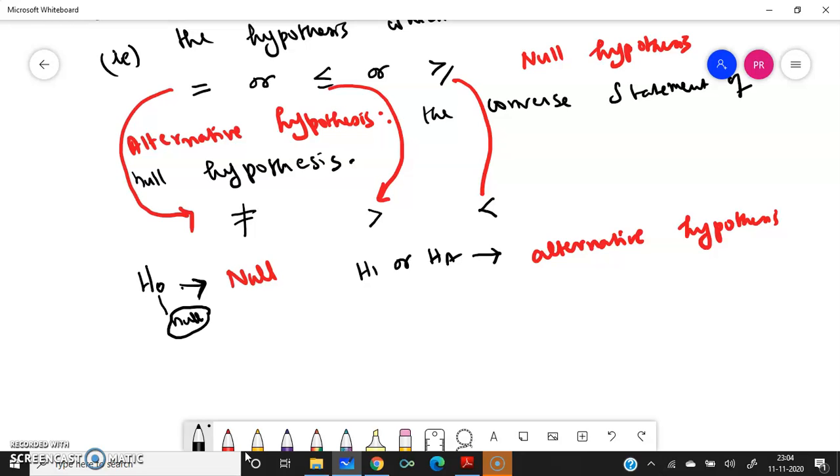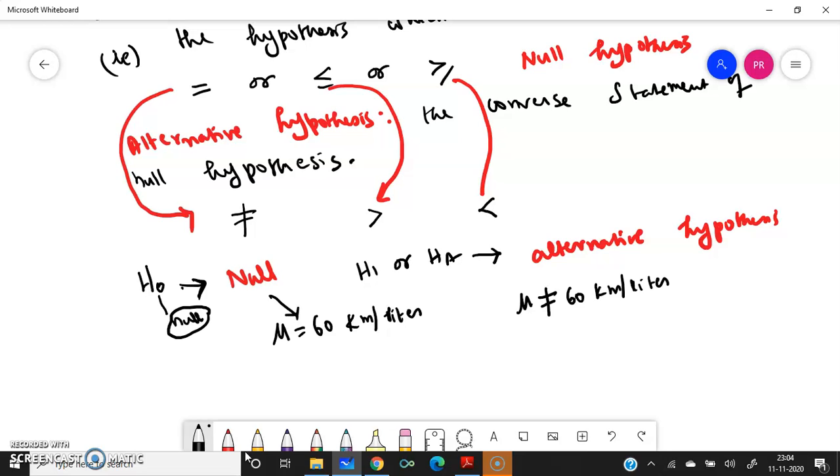So, in our motorcycle example, mu equal to 60 kilometer per liter is the null hypothesis. So what will be the alternative hypothesis of this? Mu is not equal to 60 kilometer per liter.